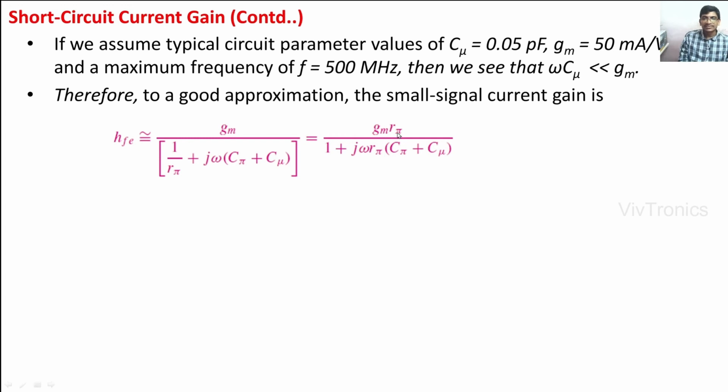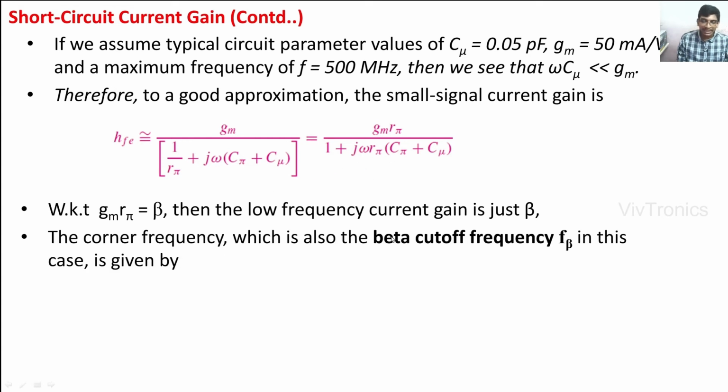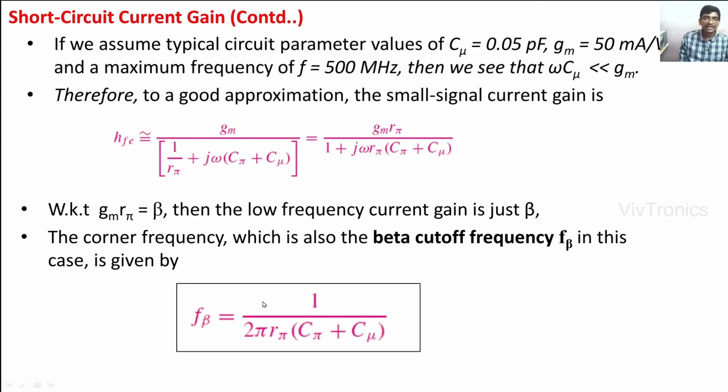So here the Gm R pi will be equal to the beta value. Okay, so beta divided by this entire term will be the HFE value. Therefore the beta is the low frequency current gain. The corner frequency, which is also the beta corner frequency, f beta, in this case can be given as, if you replace omega with 2 pi f, f beta is equal to 1 by 2 pi R pi into c pi plus c mu.